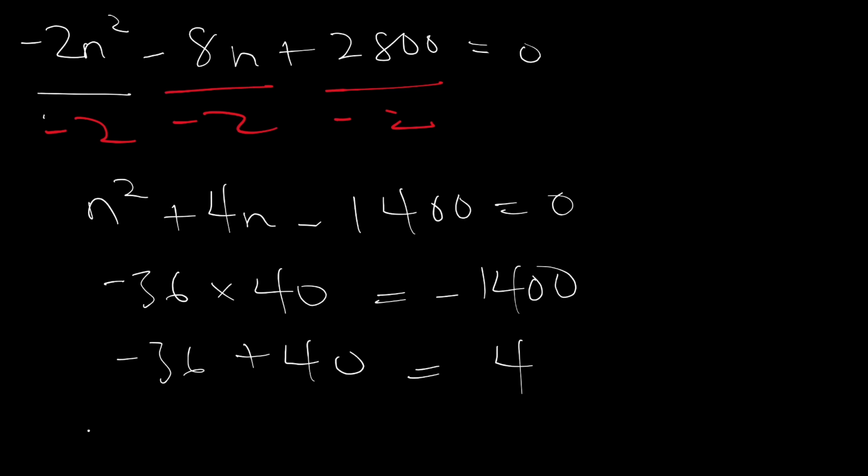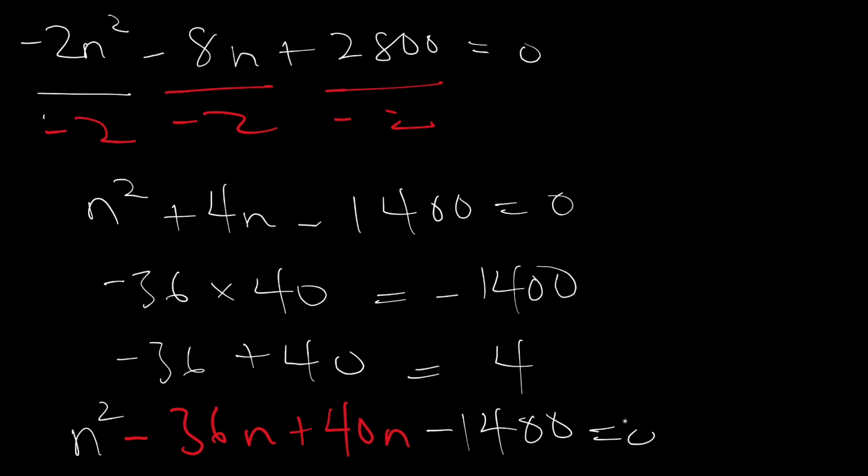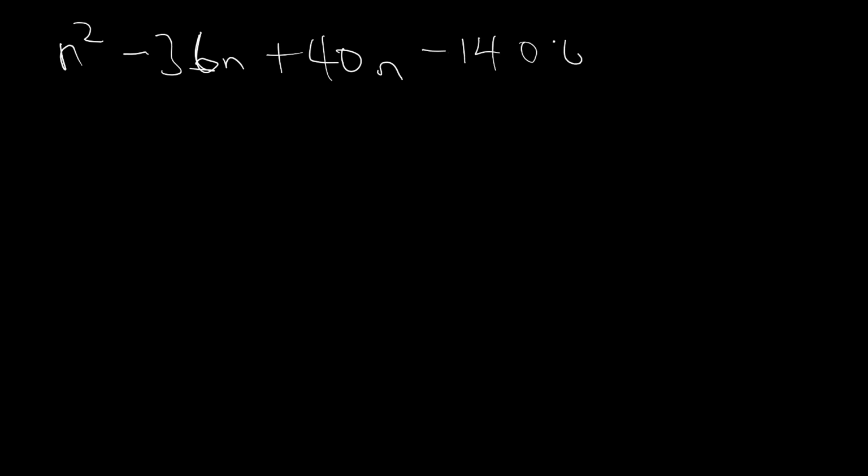So our expression becomes N squared minus 36N plus 40N minus 1440 equals 0. So we factorize N out.